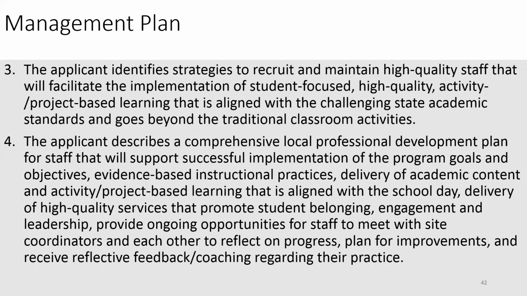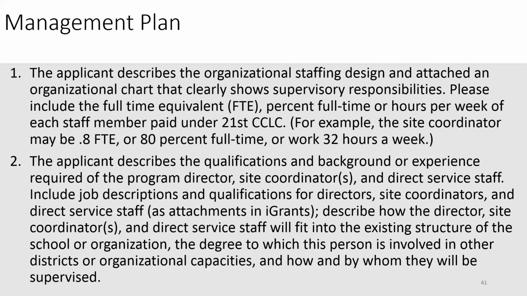So this next bullet here, can you go back one? Pay attention to what's actually in the rubric, not on the slide, because we reworked the words in the rubric. Basically what we're asking for in number 2 is for you to submit all of the job descriptions for the required staff and managers in your program as uploads in iGrant, and that's how you'll get your points for this number 2 bullet.